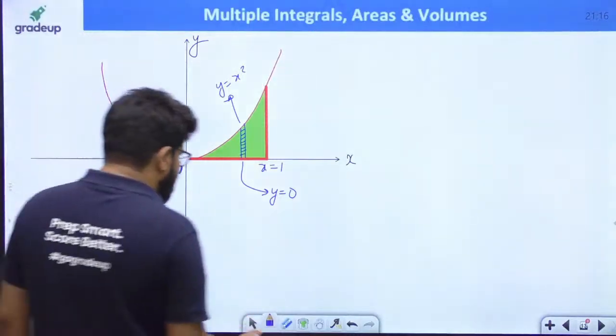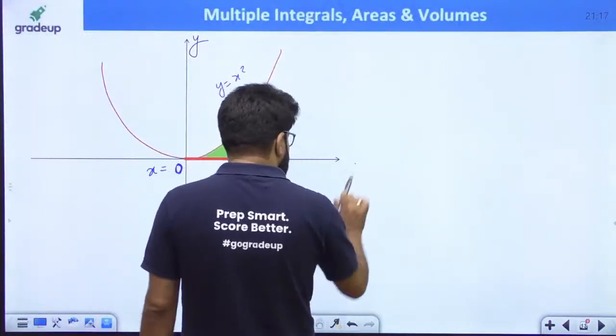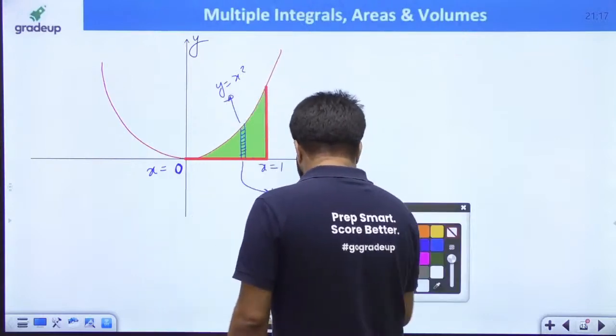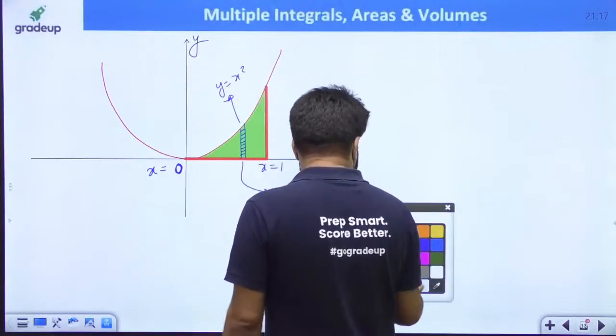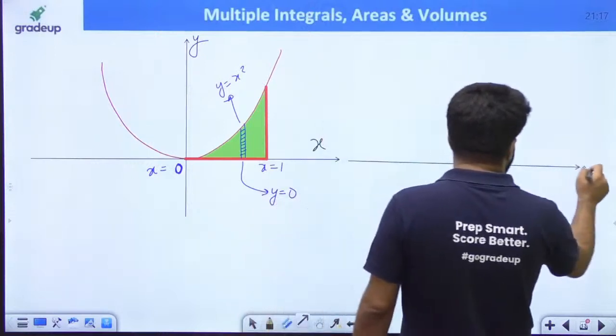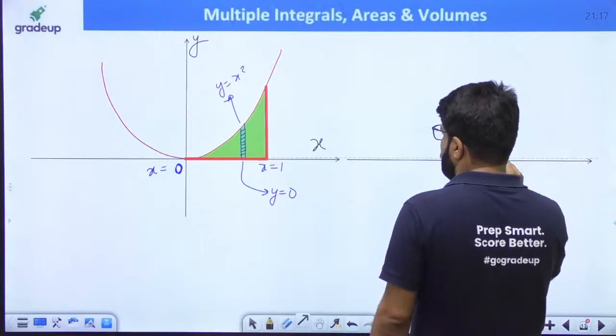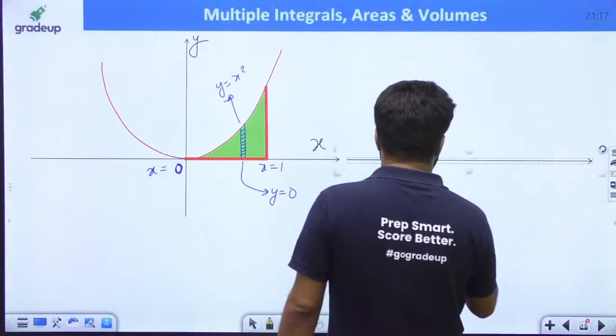So this is the actual given picture, and it is according to the vertical strip. You just have to change the order of integration, which means you have to convert it into a horizontal strip.